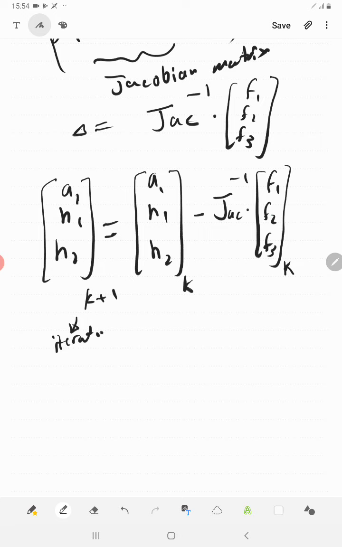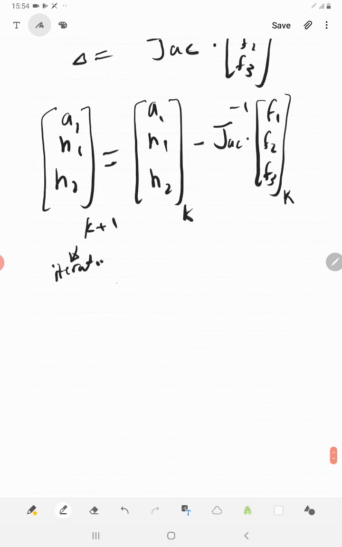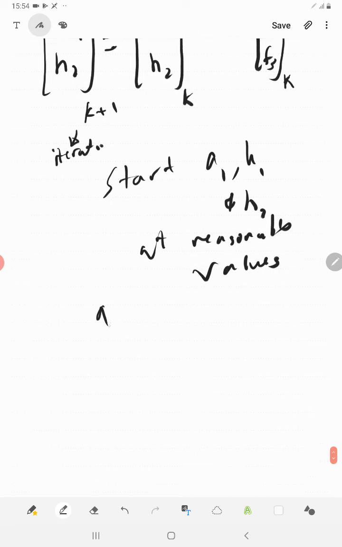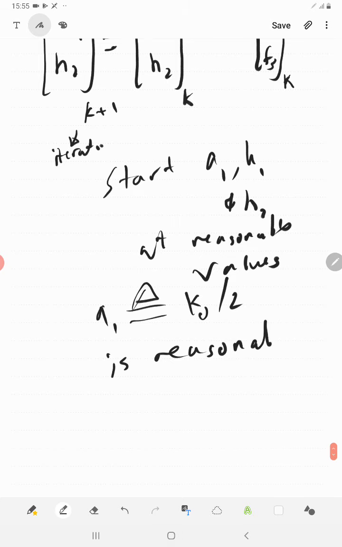Most important is that we start A1, H1, and H2 at reasonable values. A1 approximately equal to K0 over 2 is reasonable.